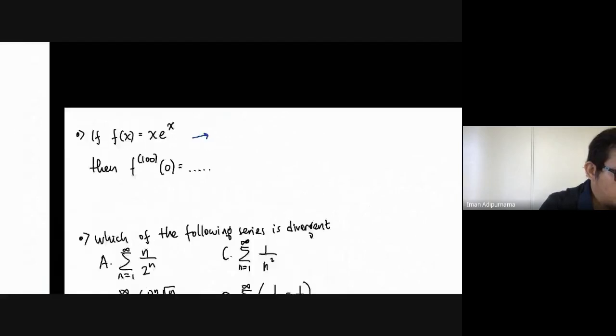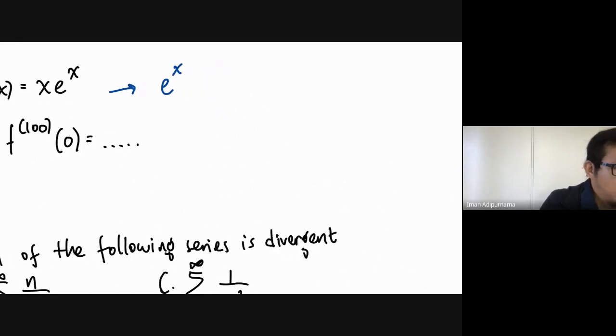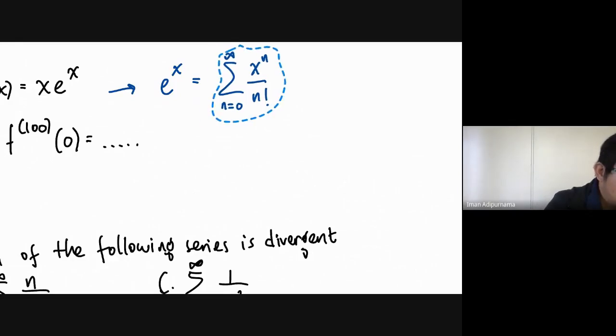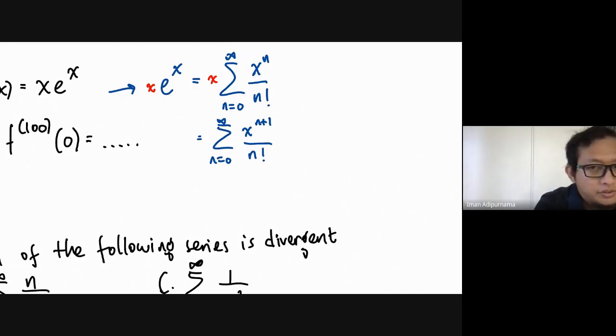Let me write e to the x in terms of a sum. This is our sum for the Maclaurin series, right? If we multiply by x, we also multiply this sum by x, and then it becomes x^(n+1) over n factorial.